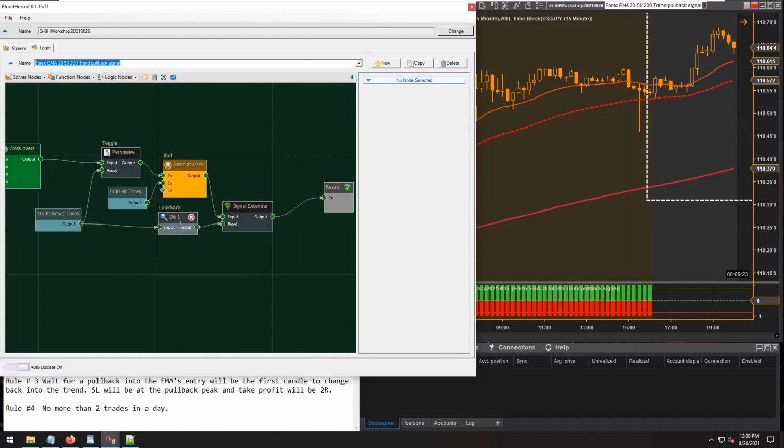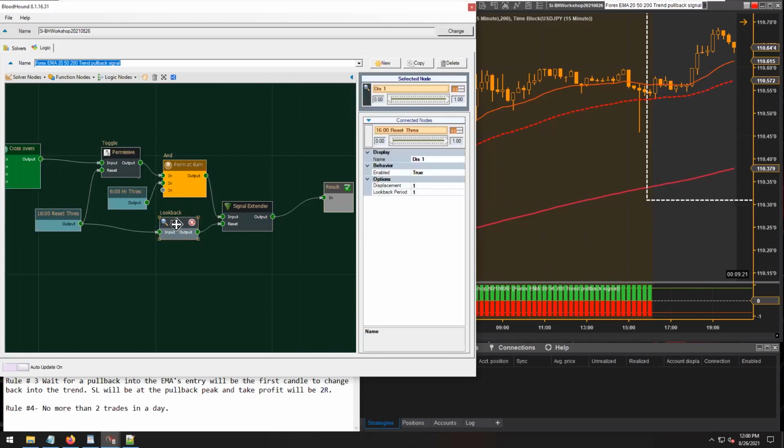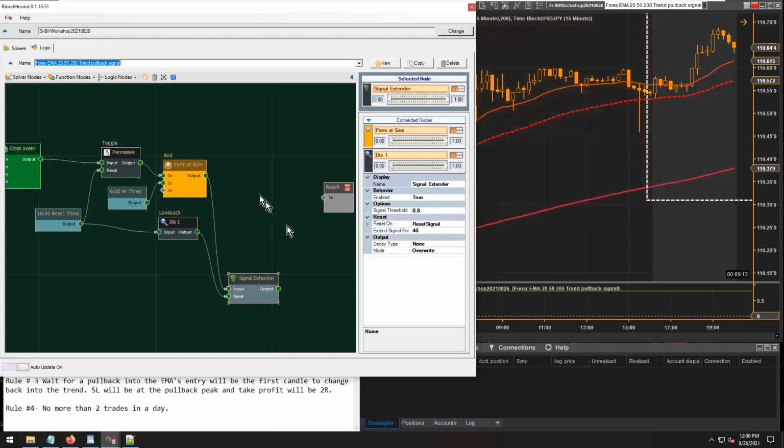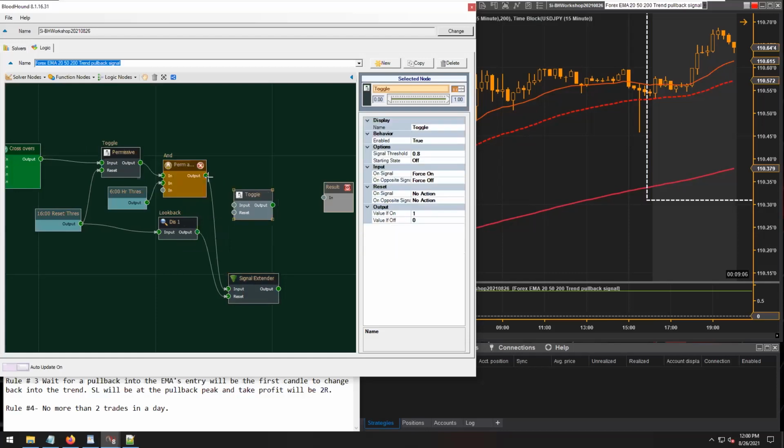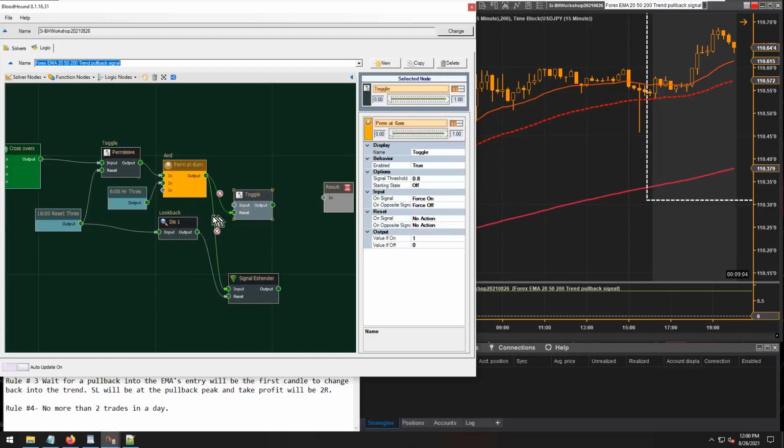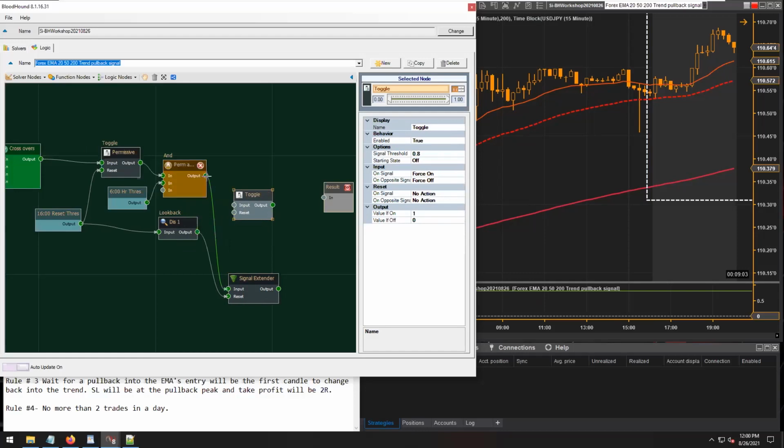Actually, you know what? Let me make this a little more universal here. Let's take out the signal extender and we'll replace it with a toggle node. So we have all the bits and pieces here to use a toggle node.